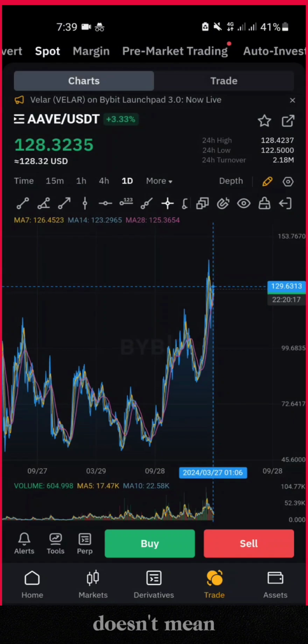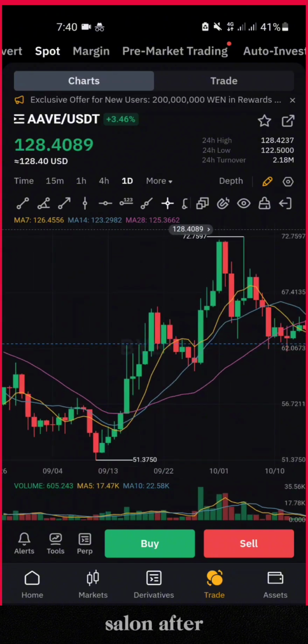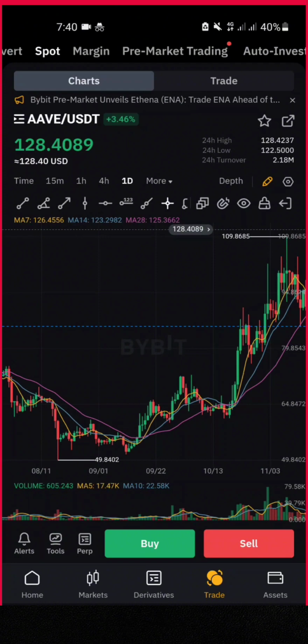Trading doesn't mean you can just buy the token, hold it, and you will get capital automatically. That doesn't make sense to me. Trading is very professional. You need to understand the market and this chart, so learn, then earn. In the crypto space there are two types of people, trader and investor.